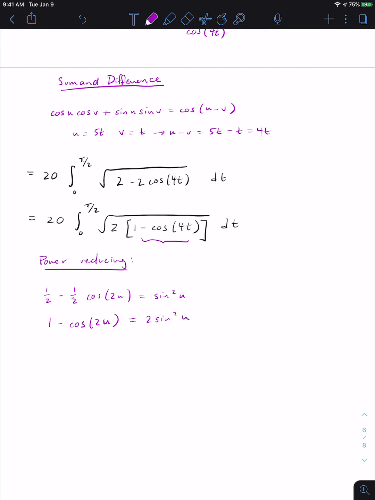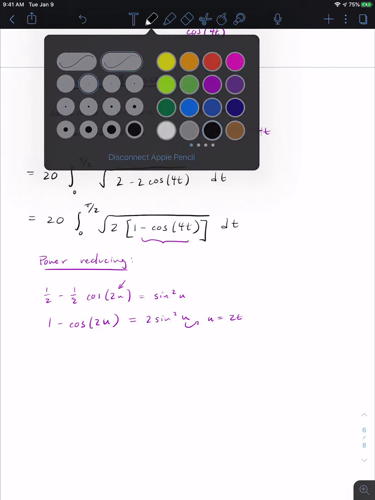But remember, whatever is inside the cosine argument, I need to divide it by 2 to be in this new sine thing, right? So in this case, my u is equal to 2t, because if I divide this argument by 2, then I would get 2t.